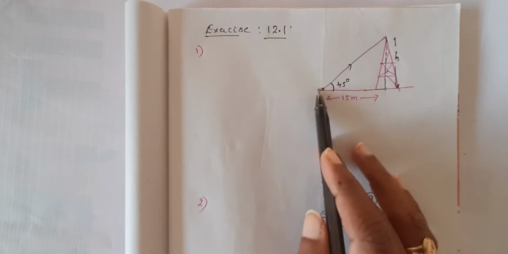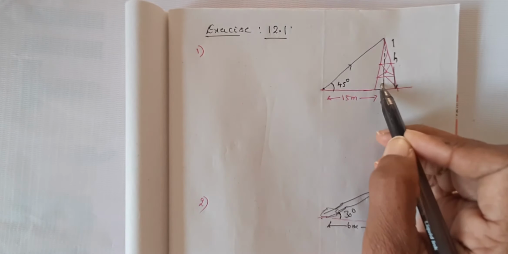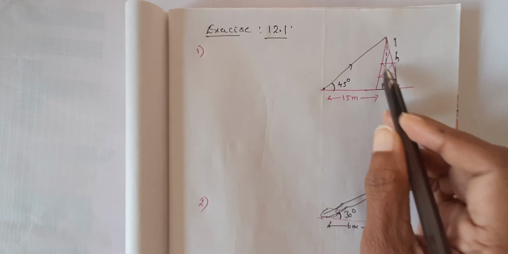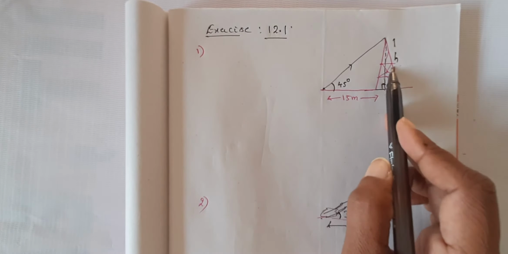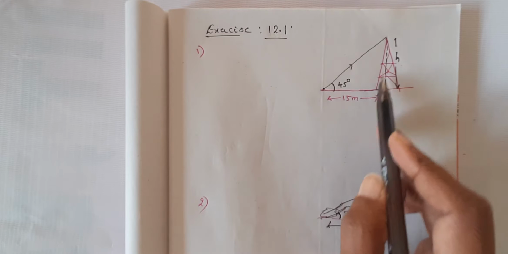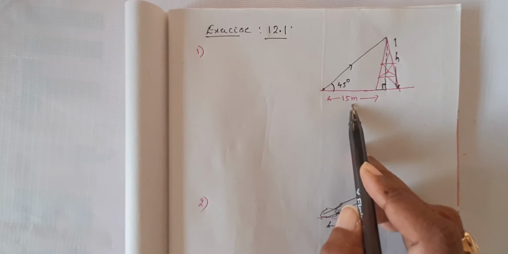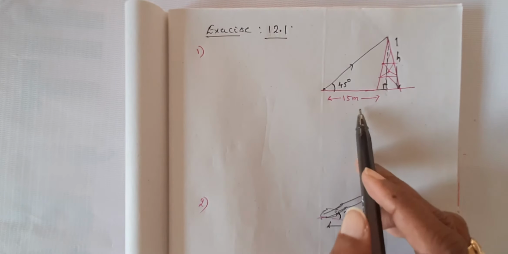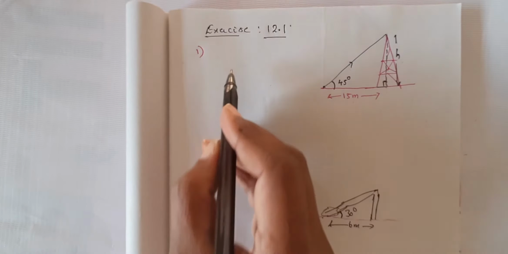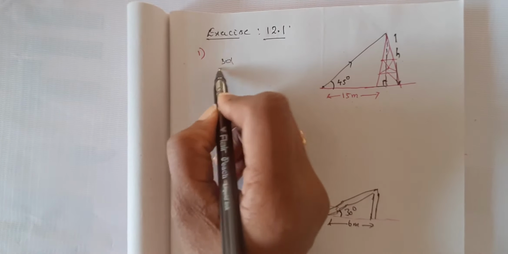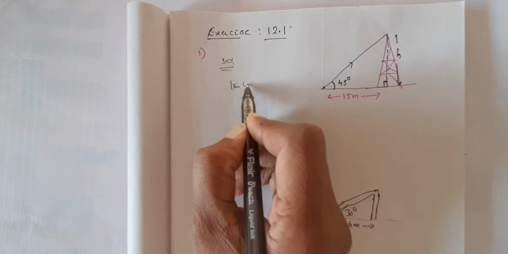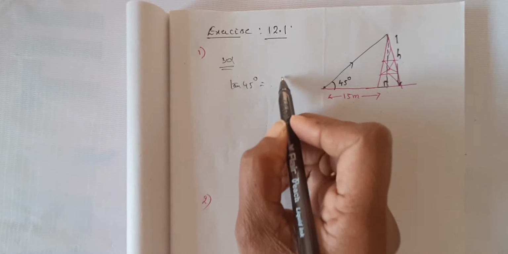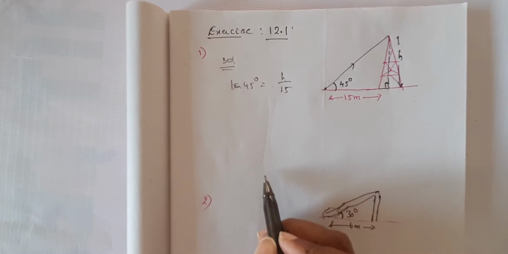Now this is a right angle triangle. The right angle is here. The height is the opposite side that we have to find out. The adjacent side is given. So opposite and adjacent are both involved in tan theta. Now you can write in the solution: tan 45 is equal to height by 15 meters.